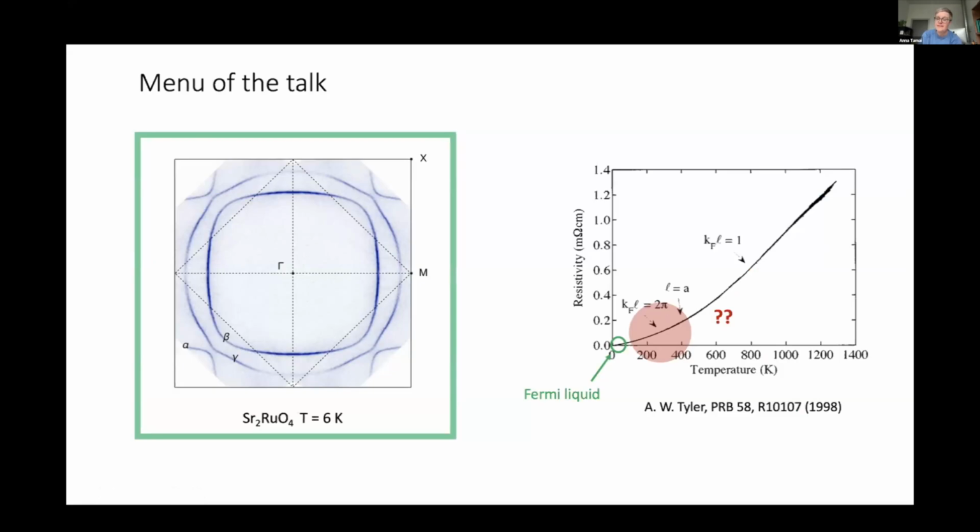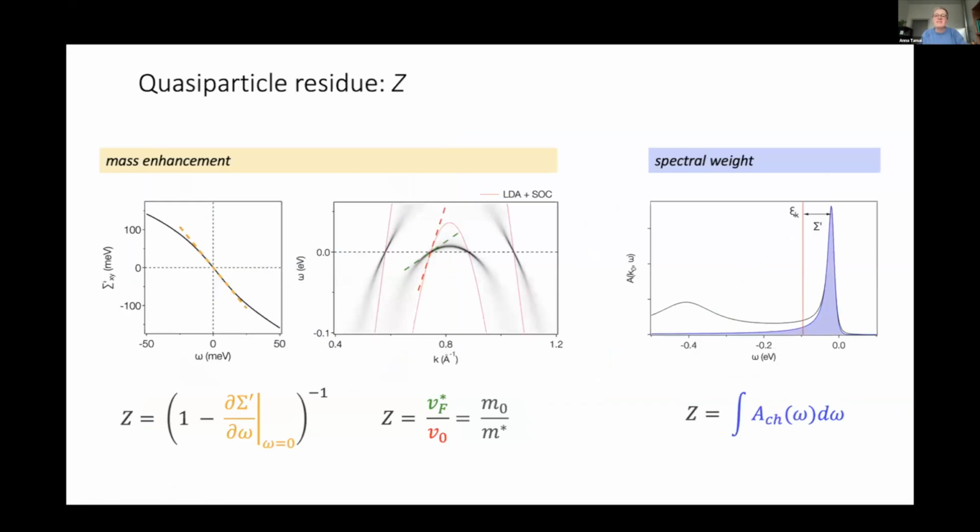The quantity that I try to extract from experiment to measure how healthy these quasi-particles are is the quasi-particle residue Z. If you have the self-energy, you can define the quasi-particle residue Z from the slope of the real part of the self-energy. This is the definition: you take the slope at omega equals 0, and you get the quasi-particle residue.